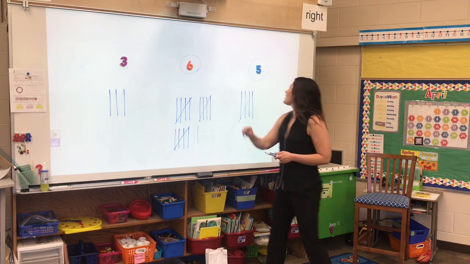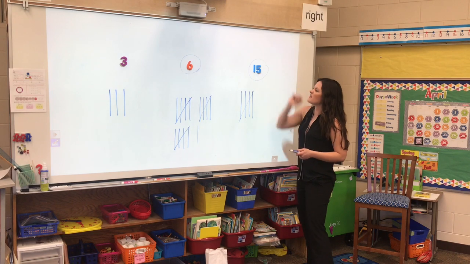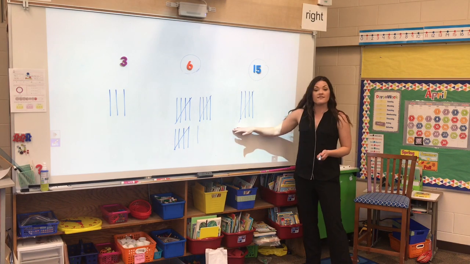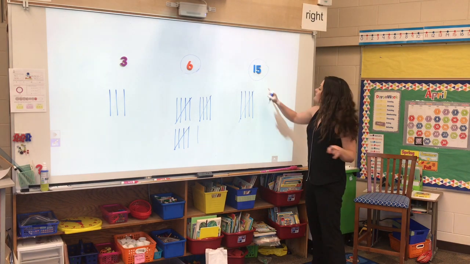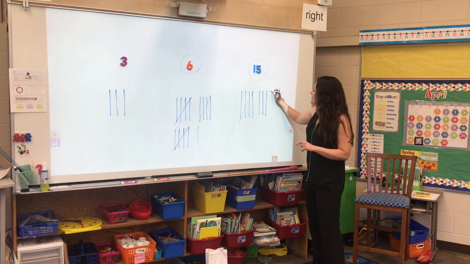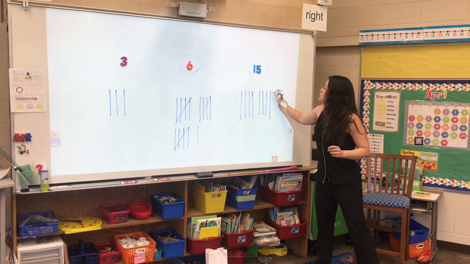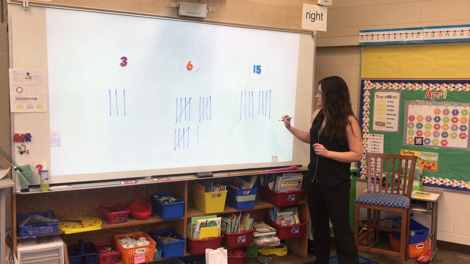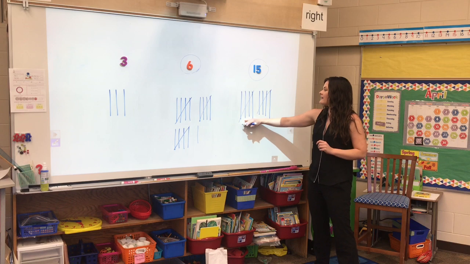Now what if I take my 1 and I move it over here to 15? Let's make 15 tally marks. I'm sorry, we already have 5.